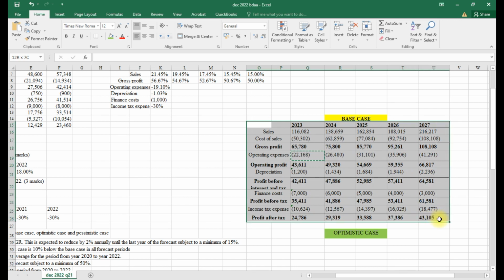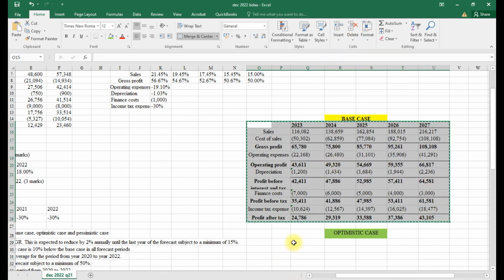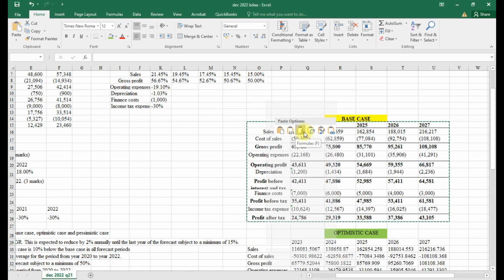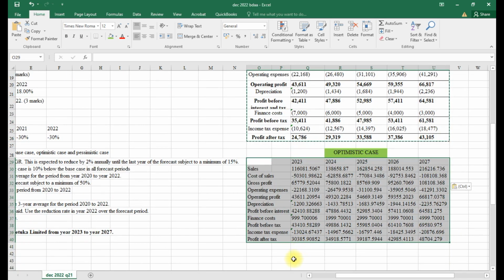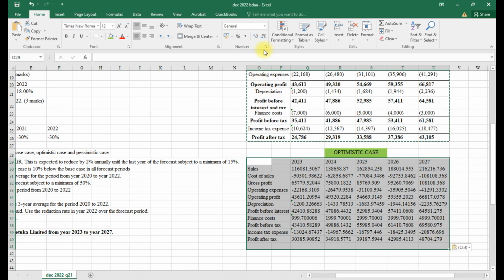So copy, I paste it here. Yeah, paste it with formulas. Okay. So I'll format this.